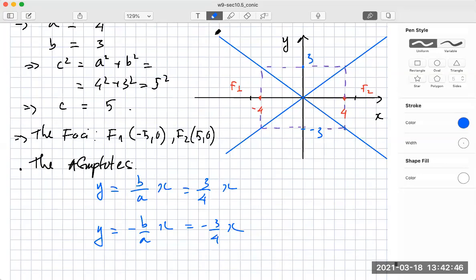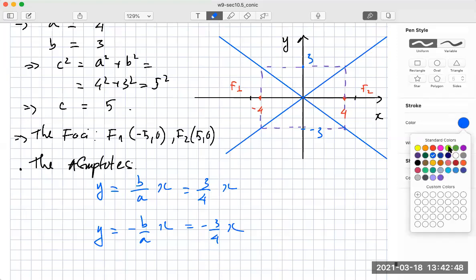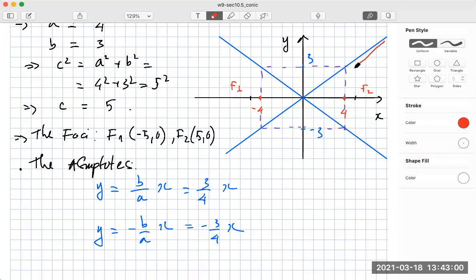Now, the hyperbola here, when x becomes large, will come closer and closer to the asymptotes here. It will be like this. Okay. That's it, right?